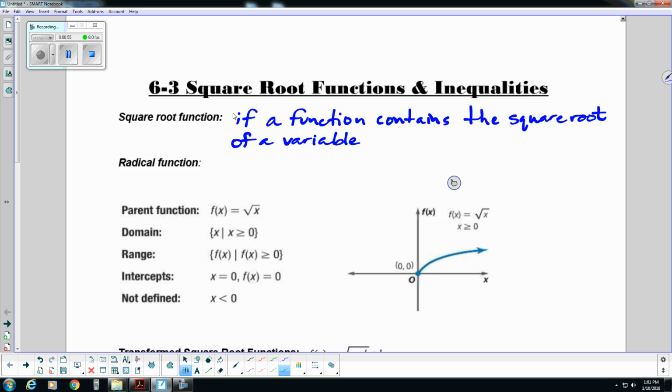So for example, something like the square root of x, you have a square root function.